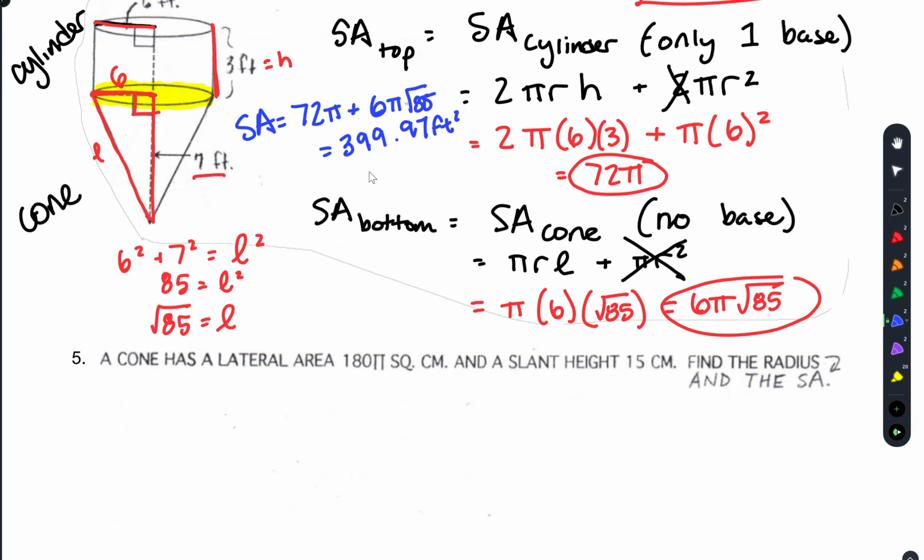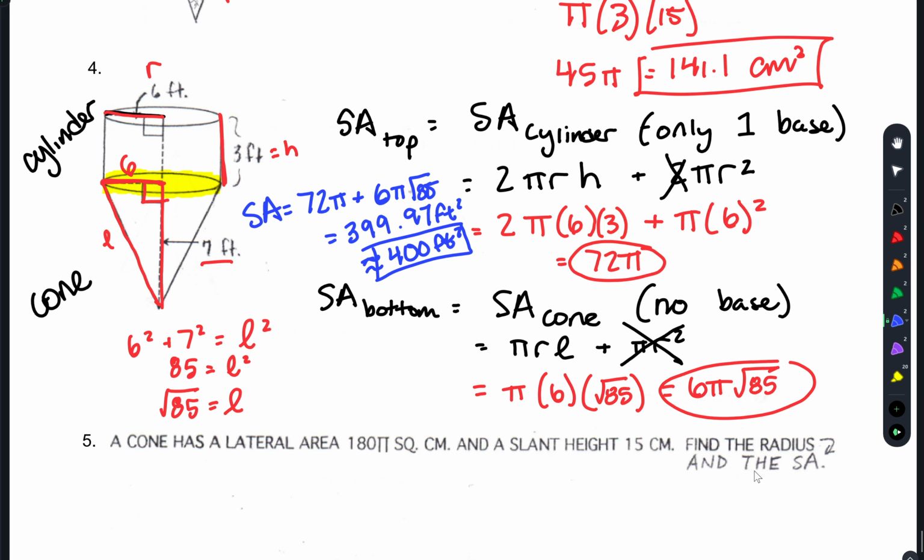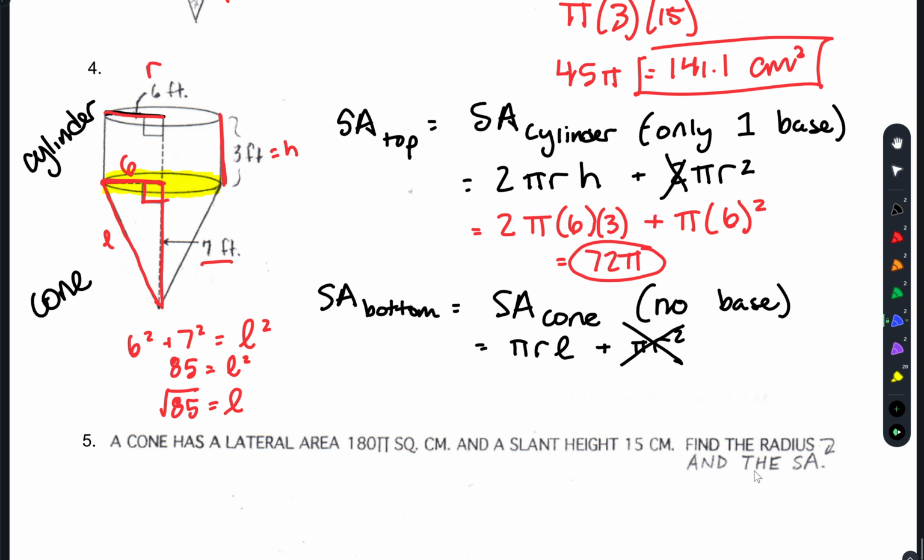If you wanted to round this to 400 feet squared, that would be fine. Okay. Any questions on that? I know these composite figures are hard. You just have to take it piece by piece and think about what parts you can see and what parts you can't see. Good?